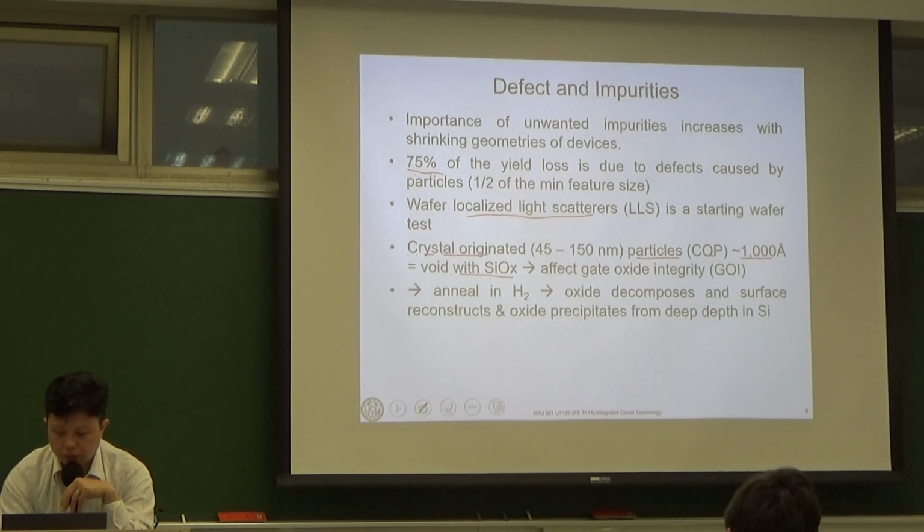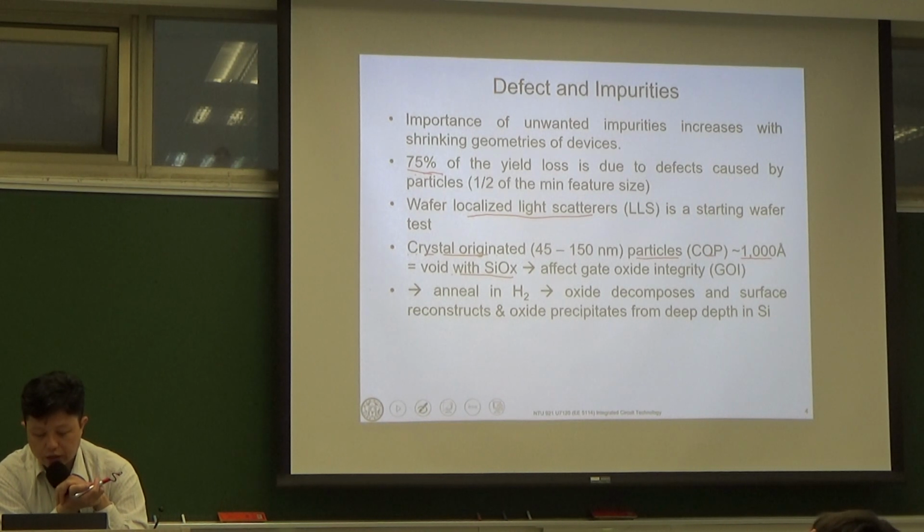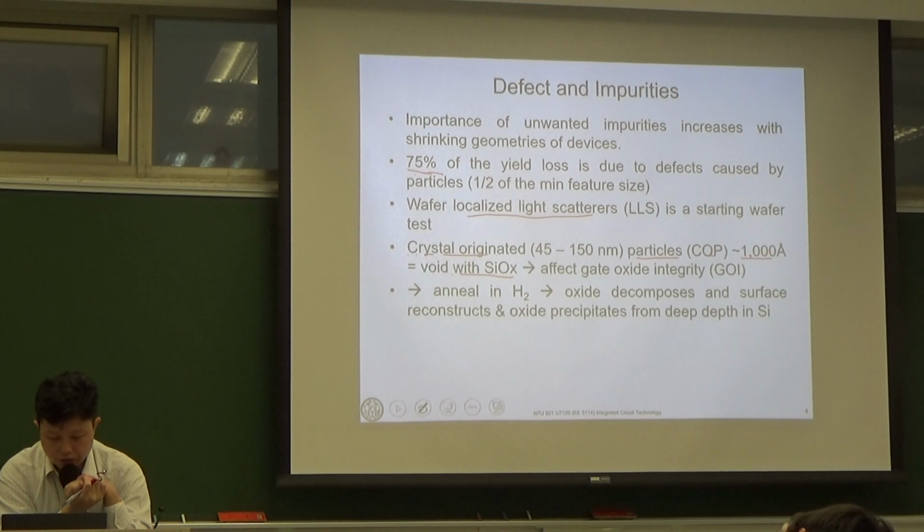Because you have some oxygen, and that will result in some silicon dioxide in your materials, and this will affect your gate oxide integrity.